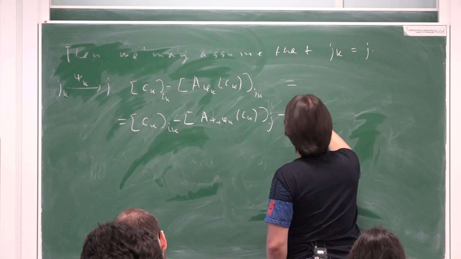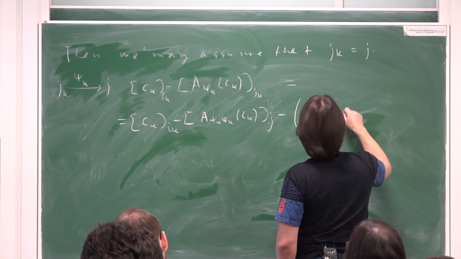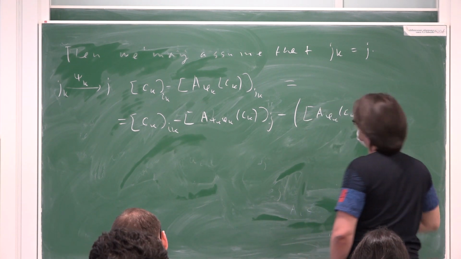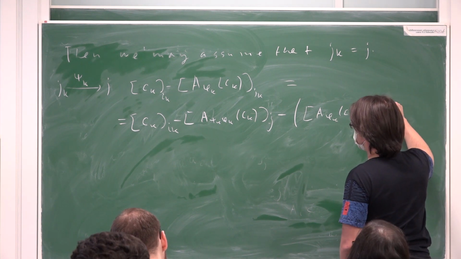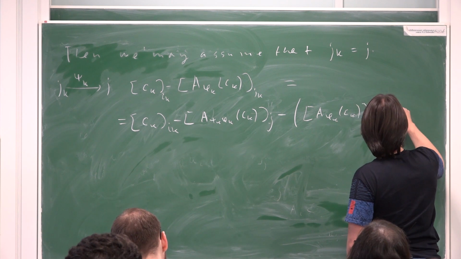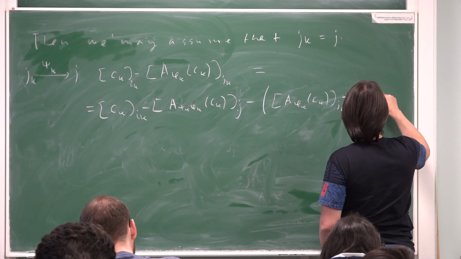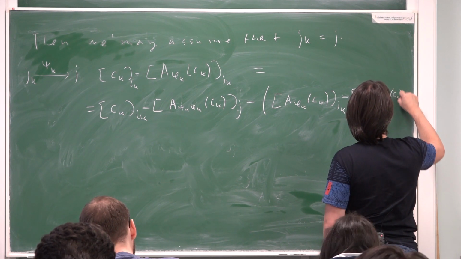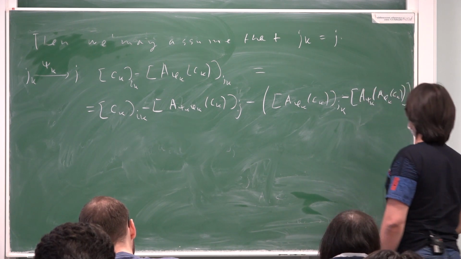Minus A phi_k c_k in the component j_k, minus the same thing as here, but written as A psi_k phi_k of c_k in the component j.